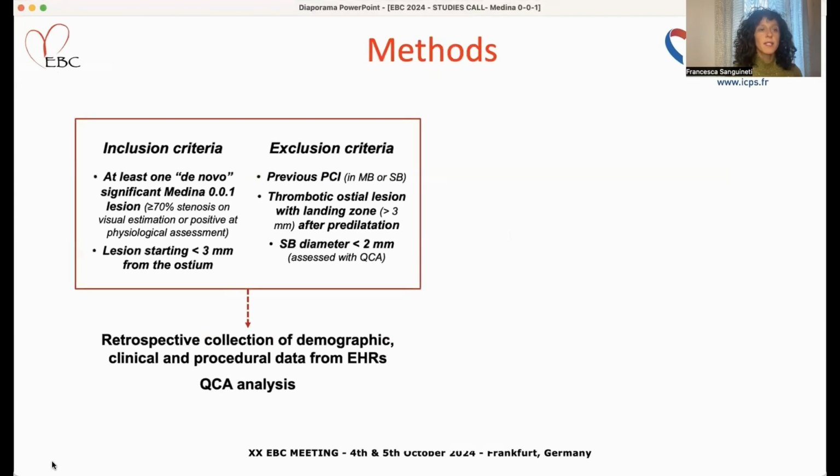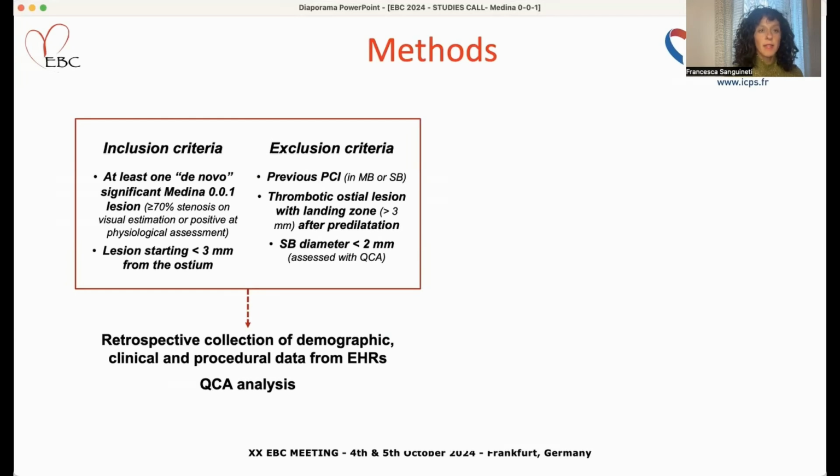Our inclusion criterion was at least one de novo significant Medina 001 lesion starting at less than 3 millimeters from the ostium. We excluded all previous PCI in the main or the side branch, thrombotic ostial lesion with the landing zone more than 3 millimeters after predilatation, and all side branch diameter inferior to 2 millimeters.